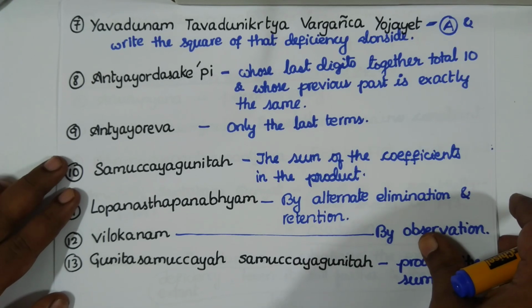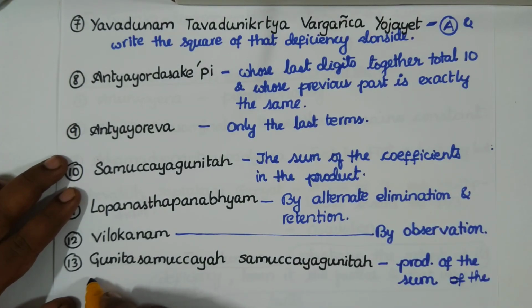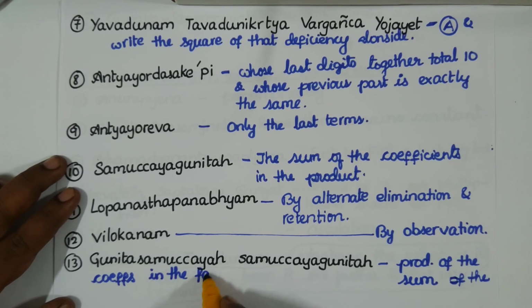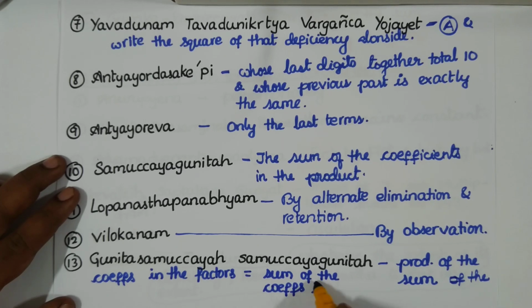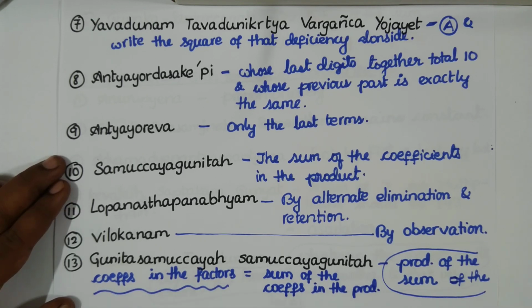Product of the sum of the coefficients in the factors, okay, is equal to the sum of the coefficients in the product. So this is what you have.